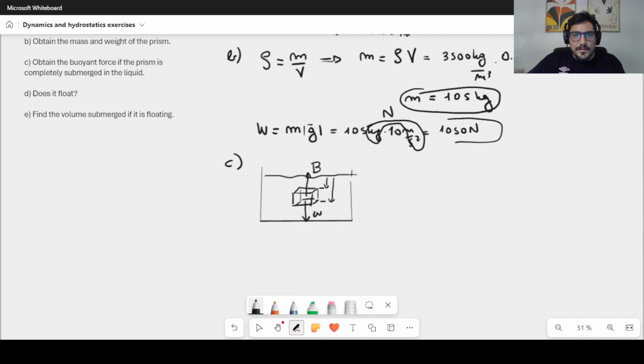So this area is at a higher pressure than this one. Therefore we find in any object submerged into a liquid a buoyant force upwards, and this buoyant force is obtained as the density of the fluid, in this case a liquid, it could be a gas too, but in this case the liquid, times gravity, times the volume submerged.